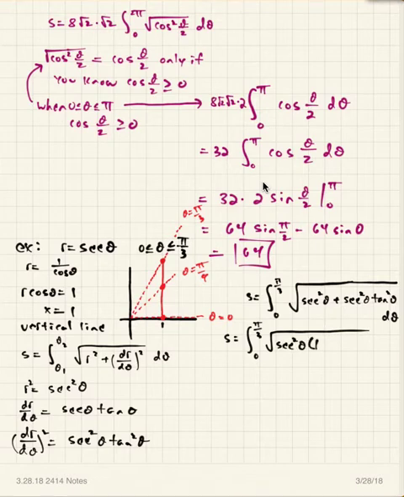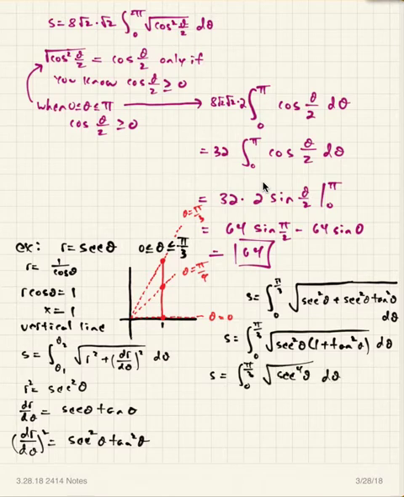And that leaves me with 1 plus tangent squared theta, d theta, like that. And so 1 plus tangent squared is equal to secant squared. And so you end up with the integral from 0 to pi over 3 of secant to the 4 theta d theta.